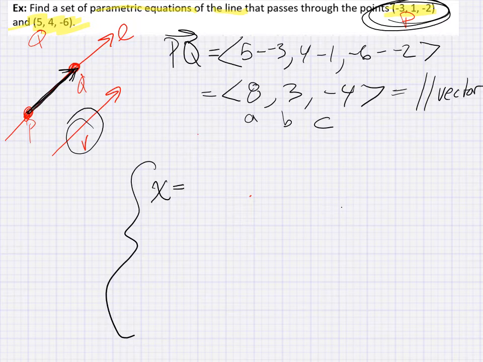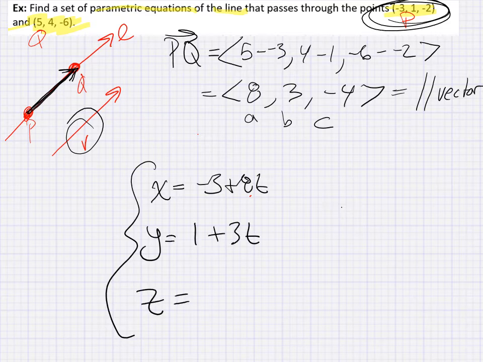So here are our parametric equations. x equals, let's say, -3 plus 8t, y equals 1 plus 3t, and z equals -2 minus 4t.